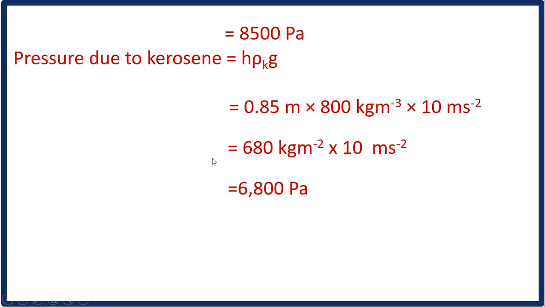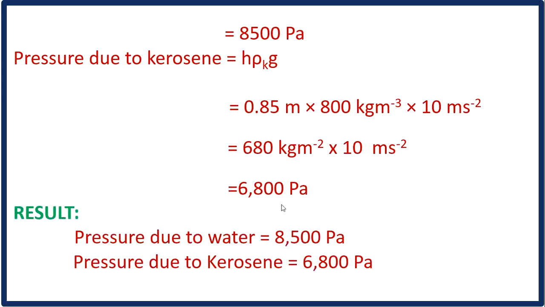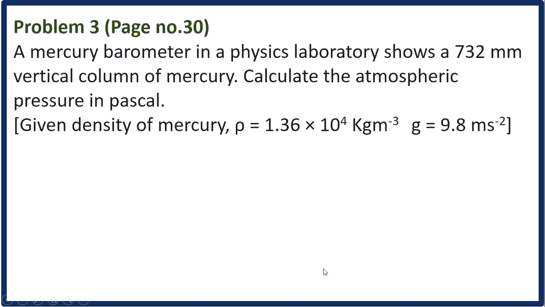Now we can multiply 680 and 10, we get 6800 Pascal. So pressure due to kerosene is 6800 Pascal. Now the result: pressure due to water 8500 Pascal and pressure due to kerosene 6800 Pascal.